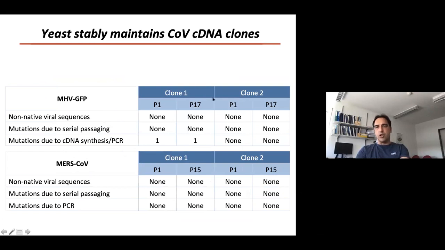So we took 2 clones, passaged the yeast containing the YACs, and sequenced at passage 1 and passage 17 or 15, and we never got any change of the cloned DNAs, telling us that this system is also very stable when it comes to the stability of the cloned DNA.